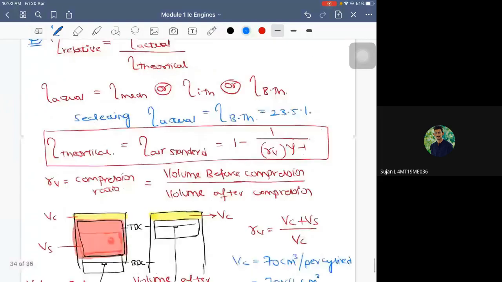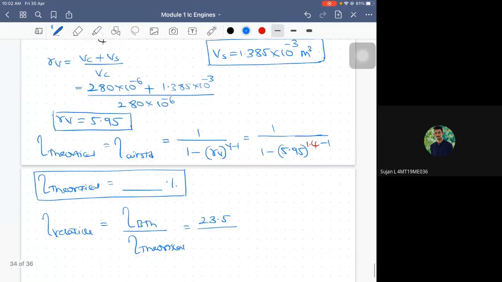So 23.5 is whole divided by theoretical. How much is the value of theoretical? Minus 0.96. How does it come minus?